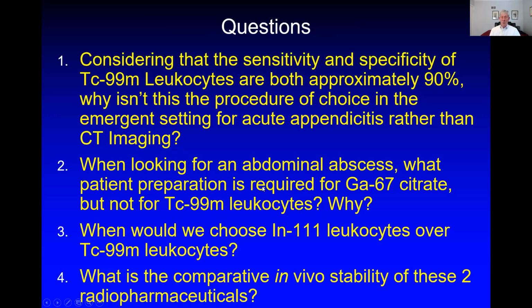We wouldn't get a false positive. And so we prefer leukocytes for that reason, number 1. And number 2, patients have to do that bowel prep and it's very unpleasant. If you've ever done one, I can tell you, they're not at all fun. So we would prefer leukocytes diagnostically and also because there's no bowel prep involved.